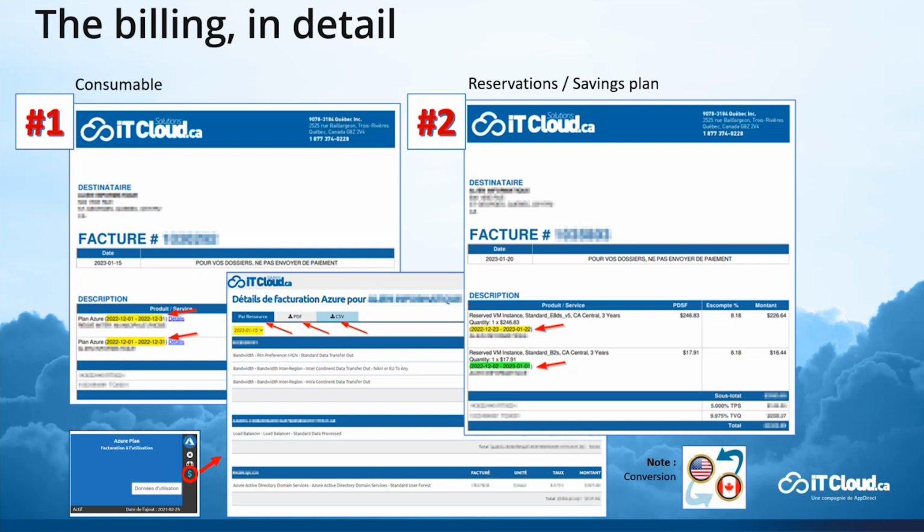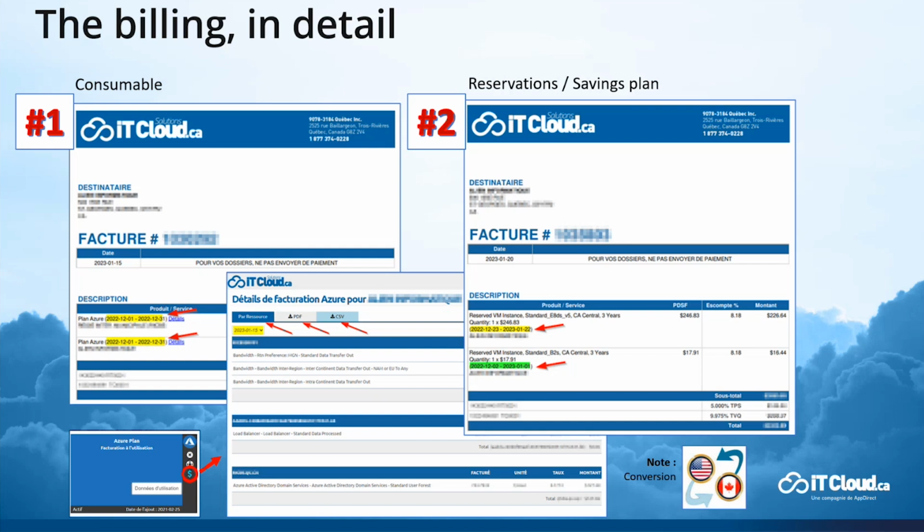Special note here, the conversion. The question is always the same: could we have a stable price from Microsoft Azure? No. Everything from Azure is billed in USD, and we receive the bill in CAD. So Microsoft does the conversion on the first day of the month. If you get a contract from Microsoft, for example, for a reservation of something maybe for 100, sometimes it will be 100 and something.